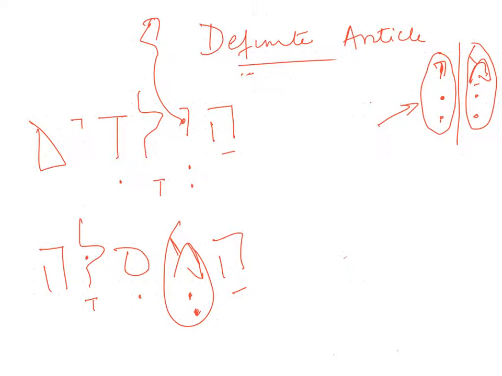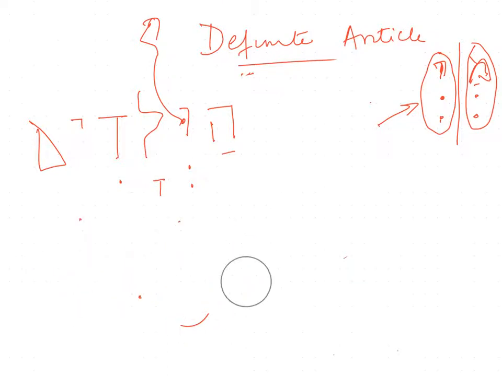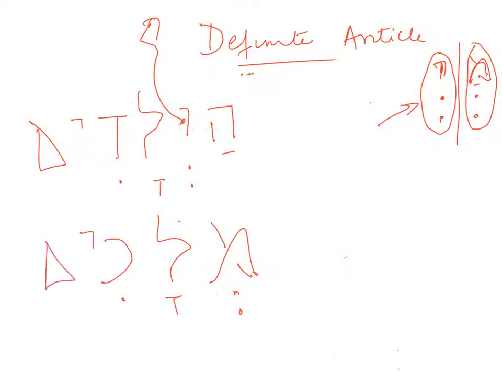Sometimes this phenomenon is observed with a mem with a vocal shiva, and sometimes it is not. For example, a word like melakim. Melakim is kings. The word begins with a mem with a vocal shiva.